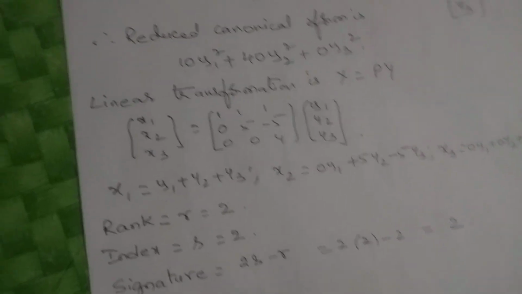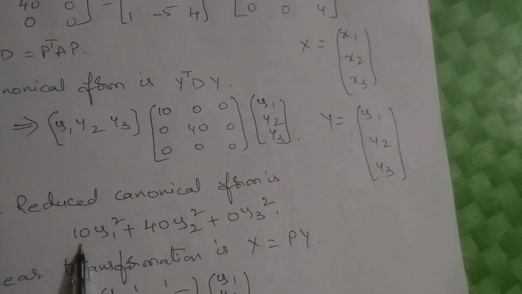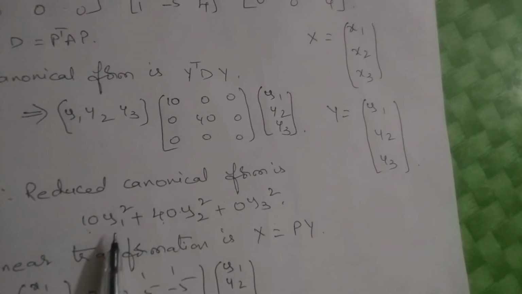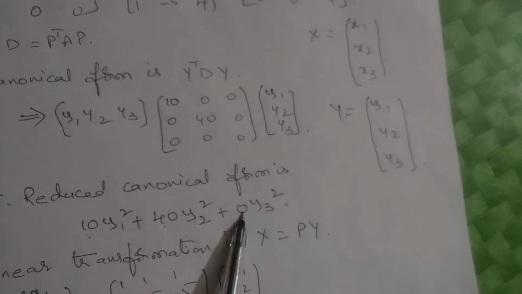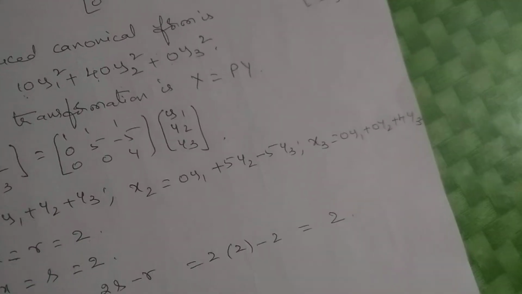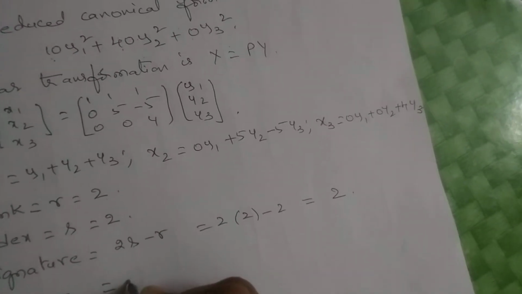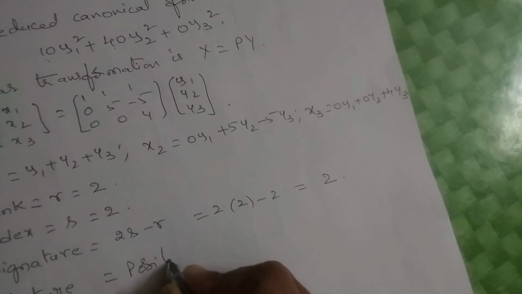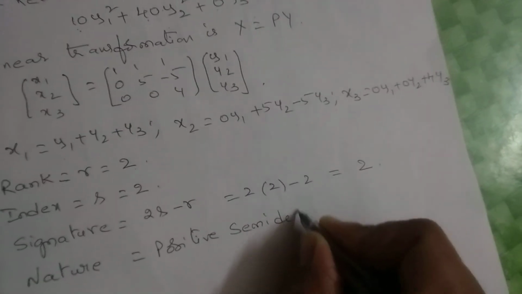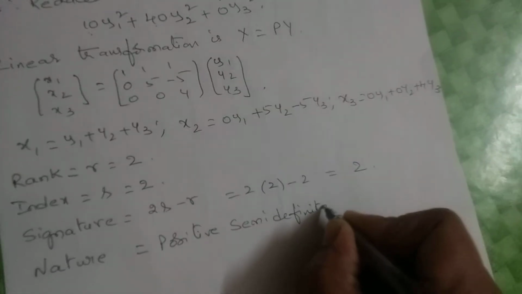What are the terms we have? 10, 40 and 0. These two are positive and one is 0. So, what is the nature? Positive semi-definite. Okay, so this is the problem.